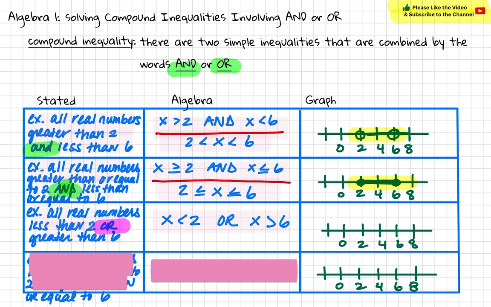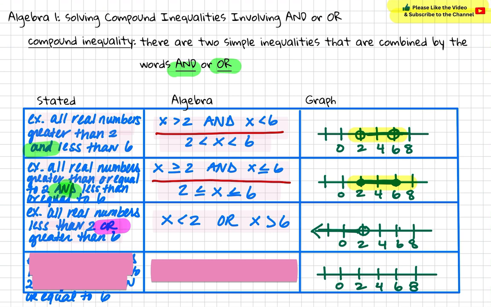And when we graph it, it's an open circle because it's less than, and it doesn't have equal in it. And then the graph goes this way to follow what it's saying. And then for the second part of the or combo, x is going to be greater than 6.